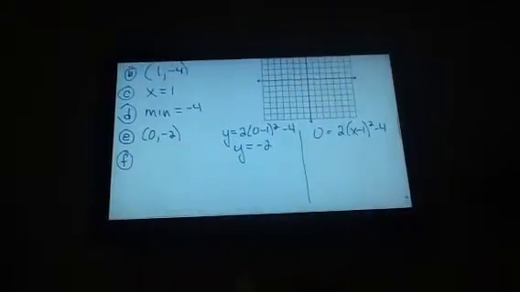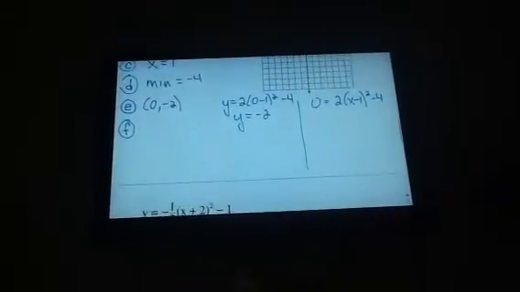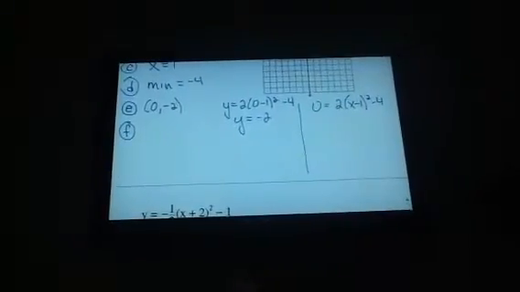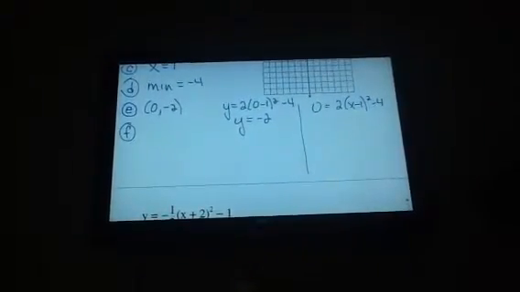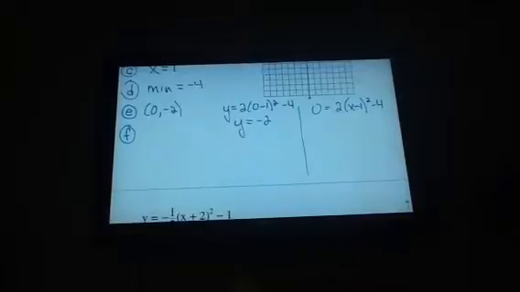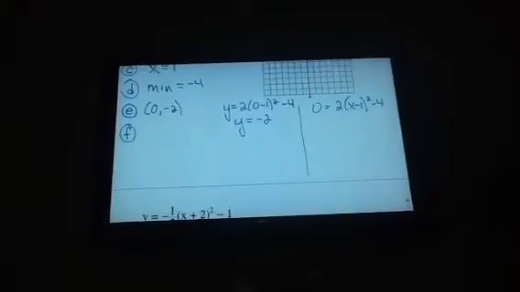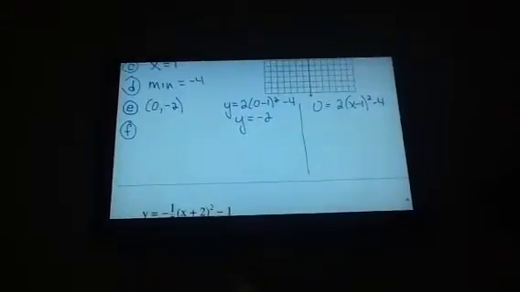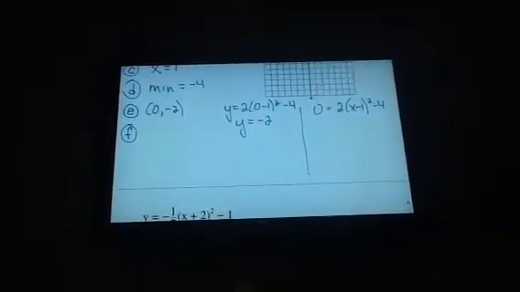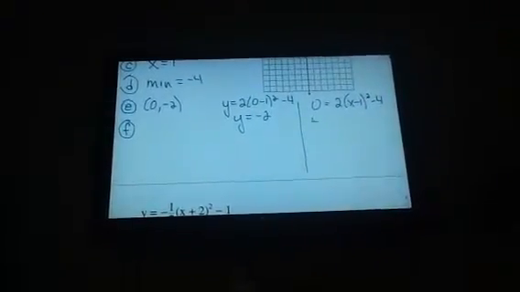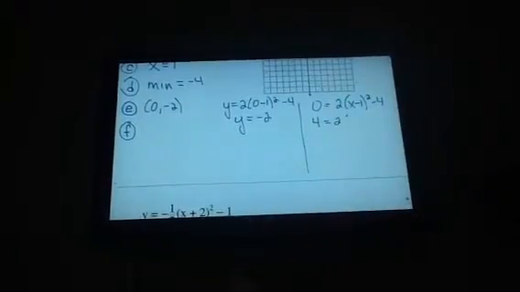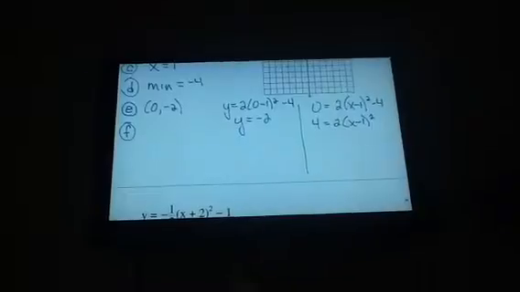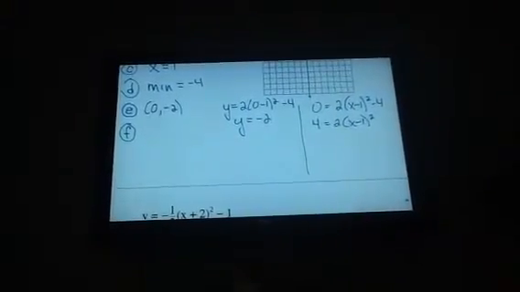So to find my x-intercepts, I put 0 in for y. The easiest way, I think, to do this question, to solve for your x, is to use your square root method that you just did on your assessment. Okay? So that means you got to isolate the square term. So I'm going to add the 4 first. So bring that 4 over by adding it.